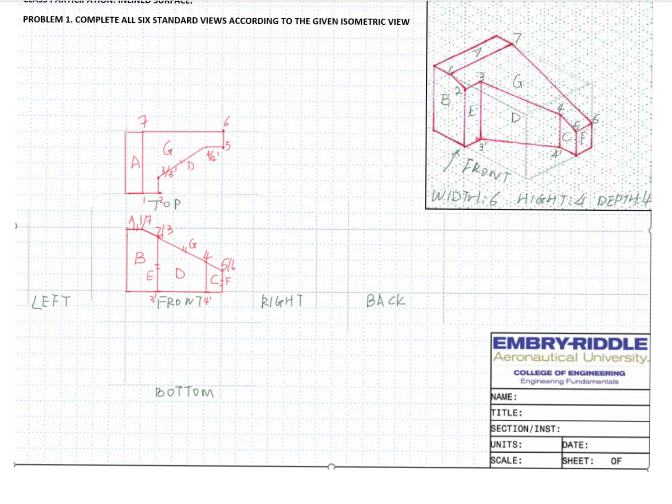Surface D is perpendicular to the top, so the inclined surface D appears as an inclined edge in the top. All other normal surfaces are perpendicular to the top, so they appear as horizontal or vertical edges.